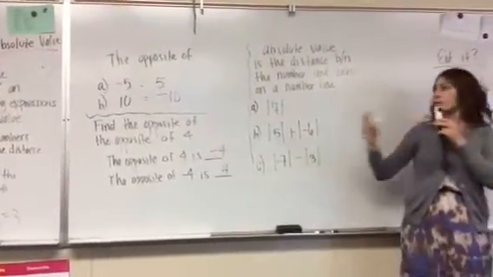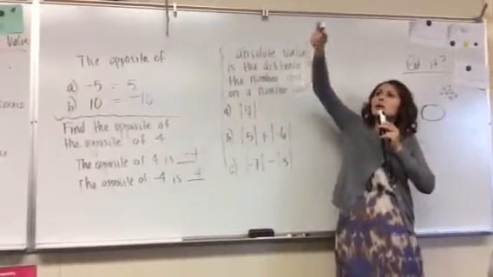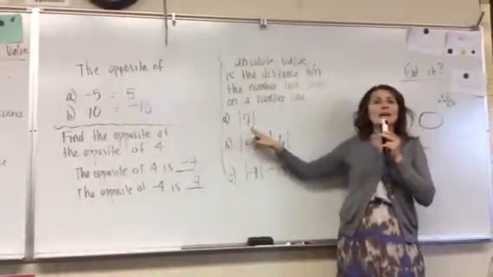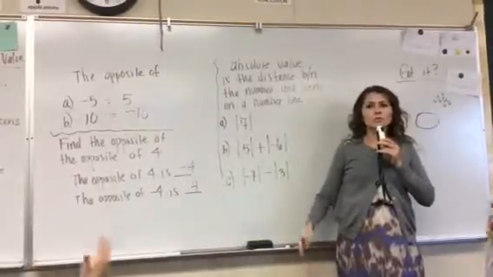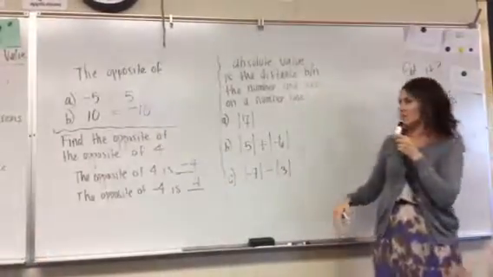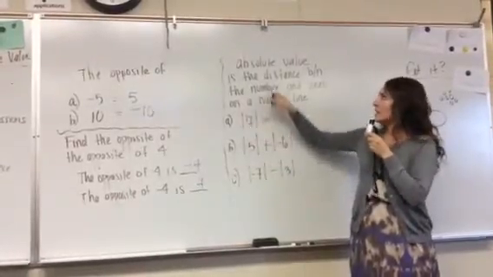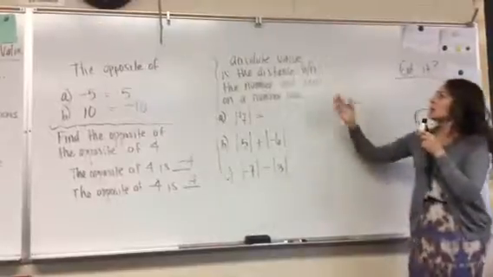You denote that it's absolute value because there are going to be bars, and you'll notice the bars are a lot longer than the number inside. That tells you they're asking absolute value. Show me with your hands what the bars look like. Exactly, vertical bars.